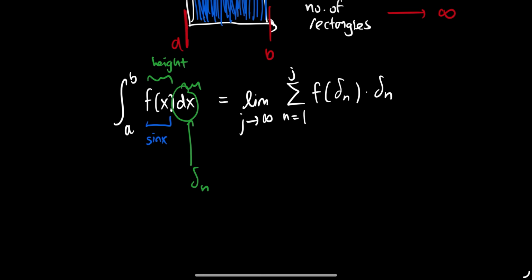So what do you see? The integral is just the sum of thousands and thousands and millions of rectangles, right, of height f(x) and width dx from the bounds a to b. So in this case, it has a finite value, right? It has a finite value.